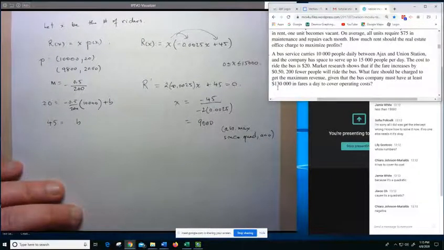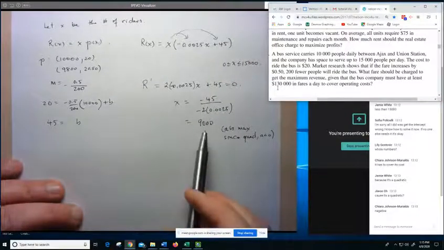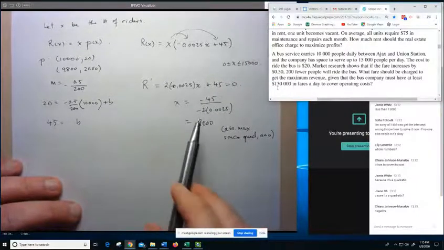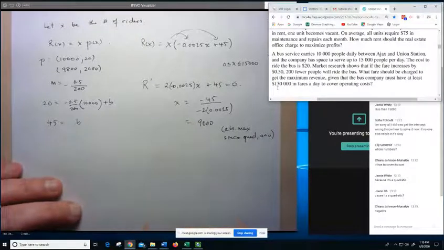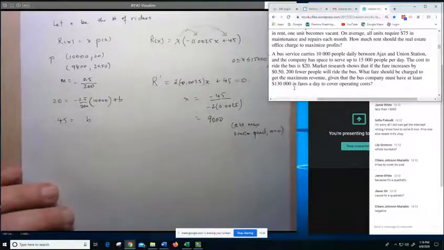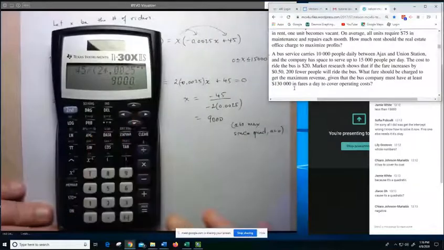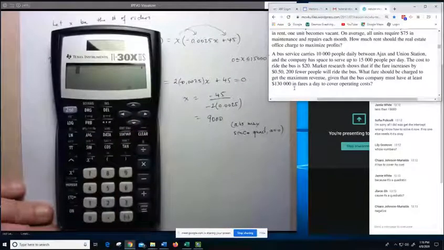Okay, so this tells me how many people I get, but what should I be checking to make sure that I've actually solved this problem? What's that extra condition we said we had to consider here? We had to consider the fact that the revenue needed to be at least 130,000.